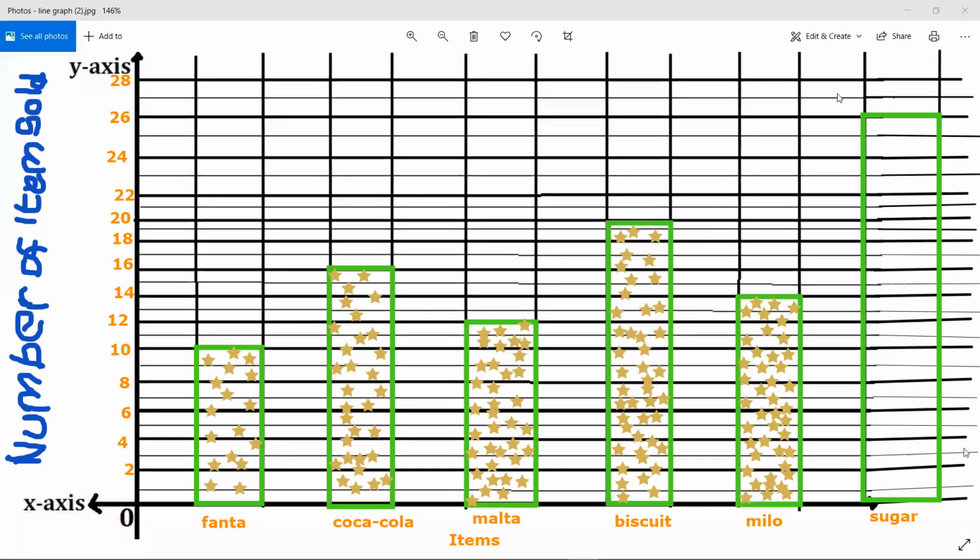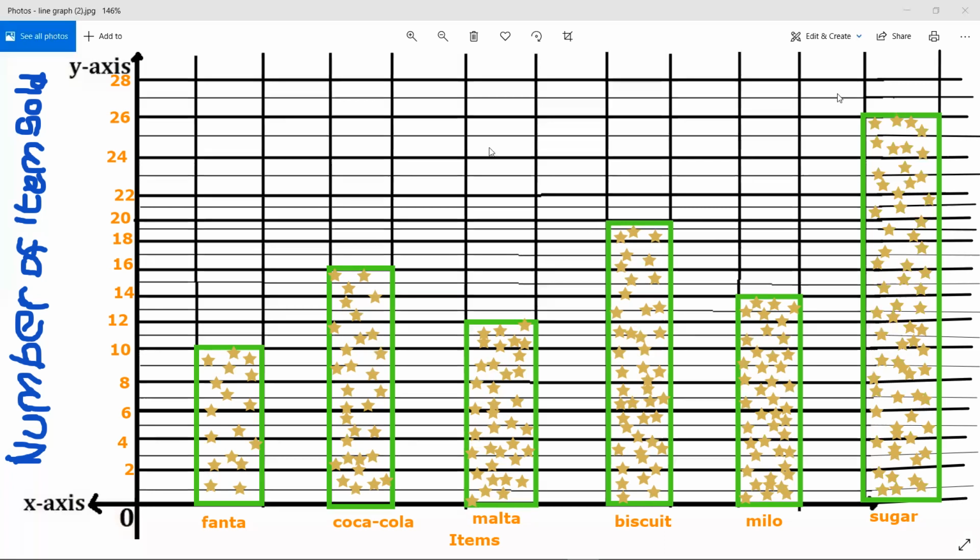And then the last item sold is sugar. Now, this is how the bar graph looks.